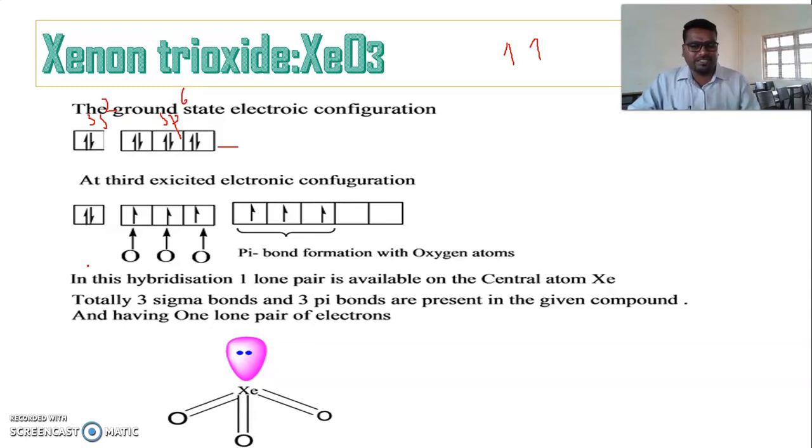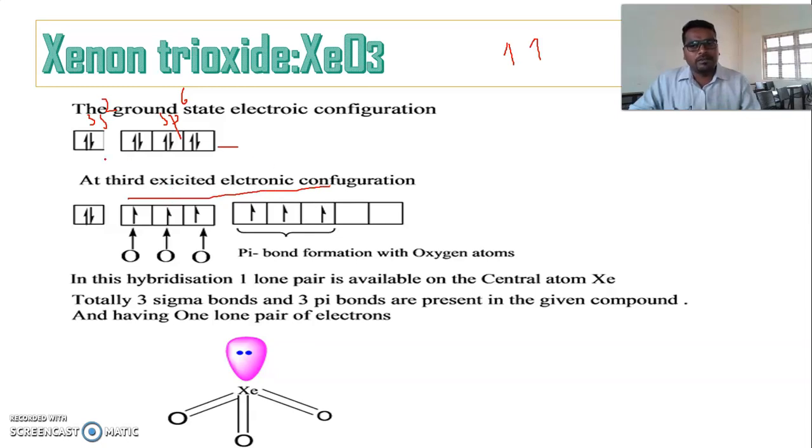When xenon undergoes the excited state, here xenon has to form 6 bonds with oxygen because each oxygen can form 2 bonds. Totally there are 3 oxygens here, 3 into 2, 6. So 6 bonds are present. That's why 6 partially filled orbitals are required for xenon.